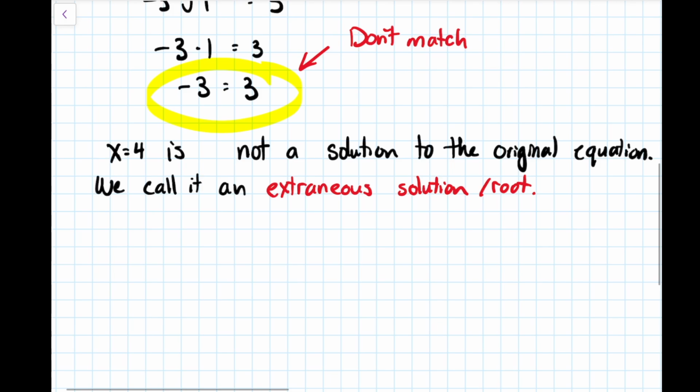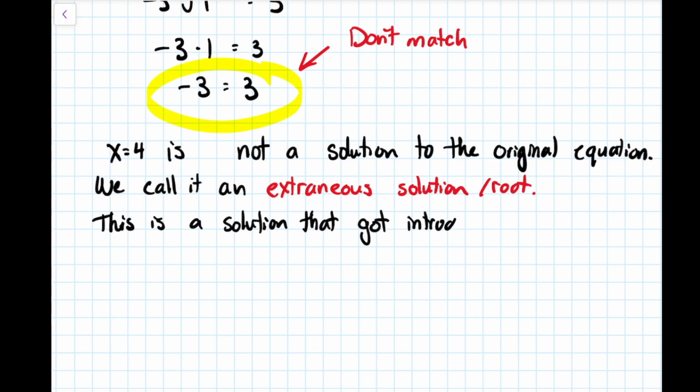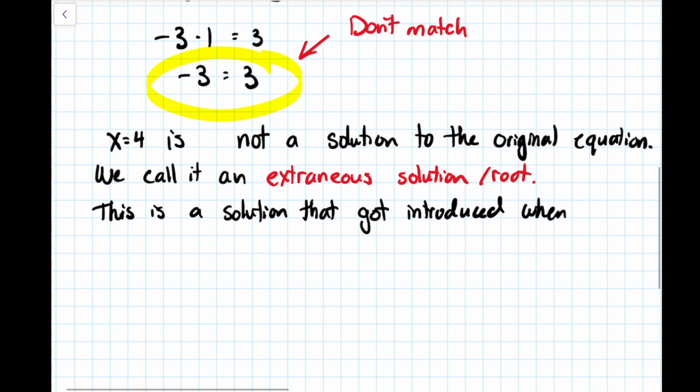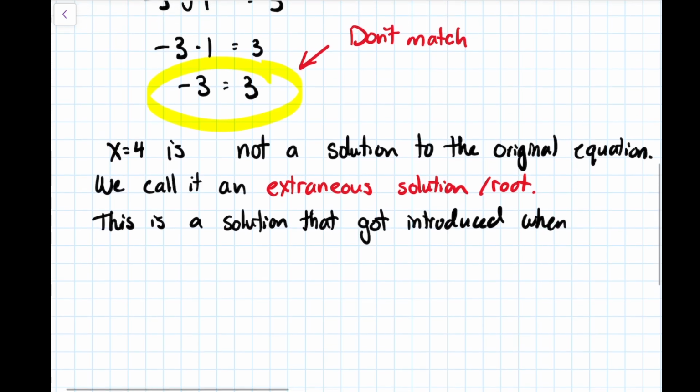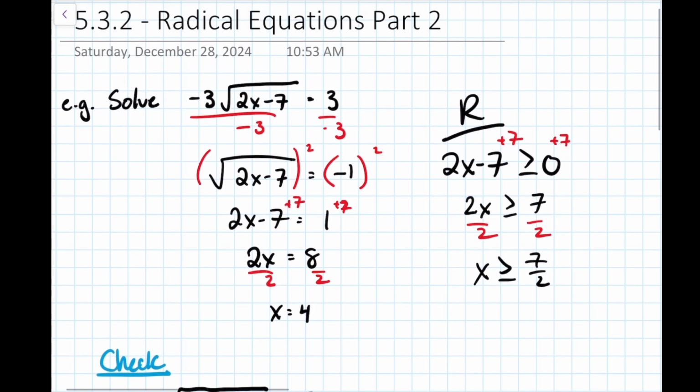And an extraneous solution is a solution that got introduced by something that we did in our solving process. It's not that we did anything wrong. We didn't. We solved this perfectly. It's just that something we did along the way changed the equation in a fundamental way that made things different. So if we scroll back for a second and you look at this, you might notice that at a certain point, this equation just very obviously didn't work.